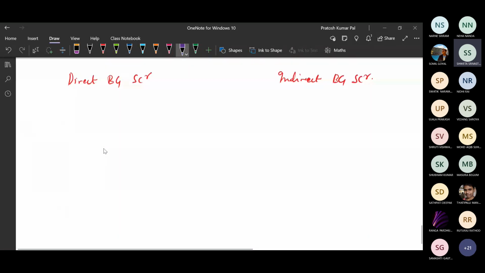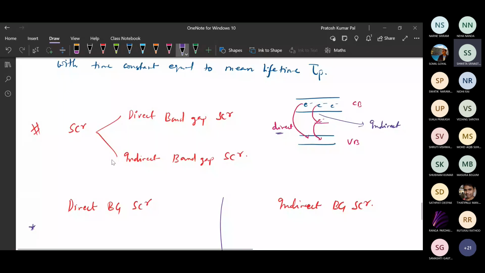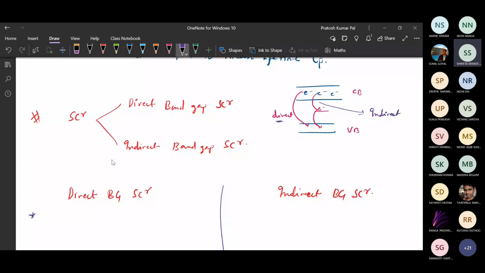So we will see some points. In direct band gap semiconductors, during the recombination most of the energy is dissipated in the form of light. If any semiconductor is there, the electron is moving from conduction band to valence band directly without any hopping.